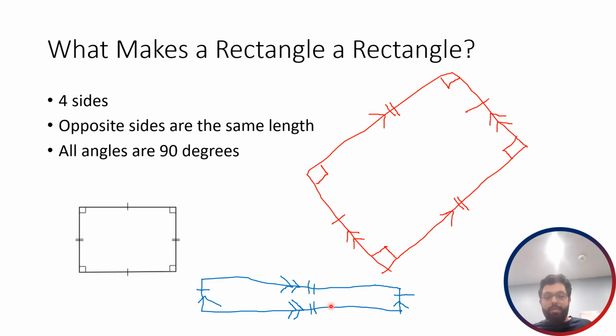I like to put the 2 tick marks with the 2 arrows. And I like to put the fewest markings on the shortest sides of whatever shape I'm working with. So if I'm working with a rectangle, then on the short sides of the rectangle, I like to put just 1 tick mark and 1 arrow on each side. So hopefully that makes sense.